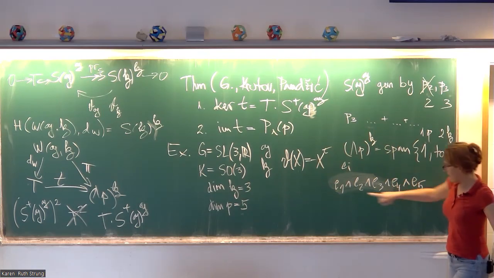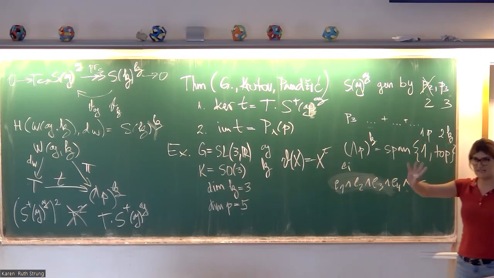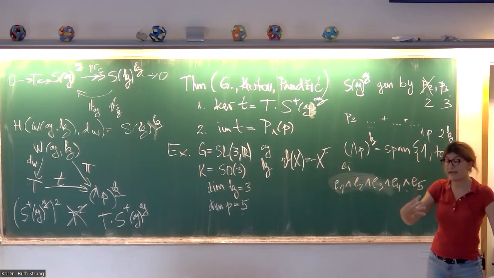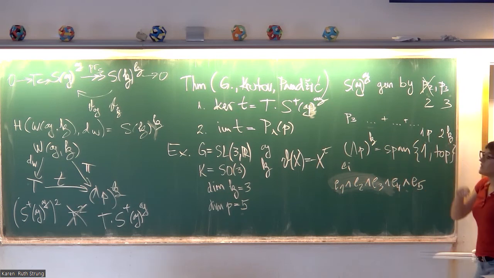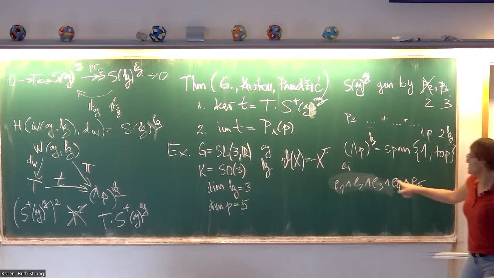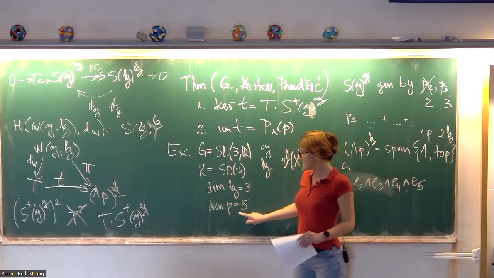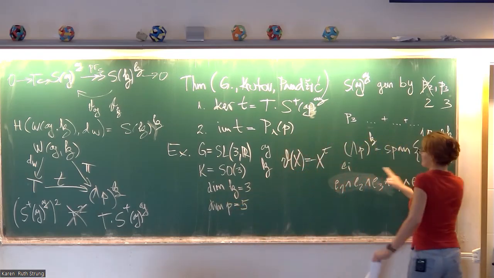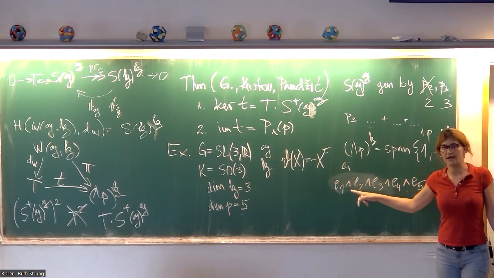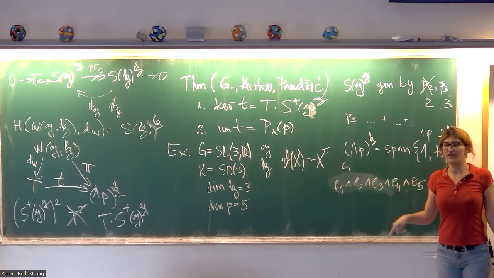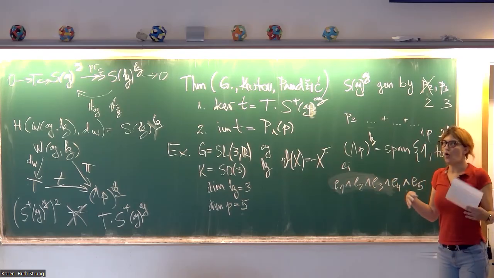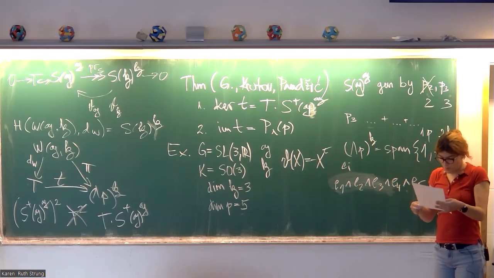The product of the basis elements in P will always be K-invariant, but it will be a primitive invariant maybe only in the odd dimensional case. It turns out, so this is of degree 5, but if this were even, this would be of even degree. And it turns out the primitive invariants can only be of odd degree.